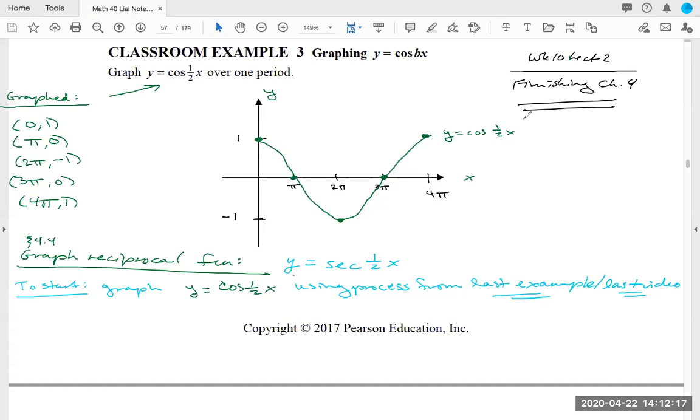Okay. So now when we are graphing the secant graph, we start by graphing the cosine graph, check. And then let's make a table. It'll make it a little bit easier to understand.